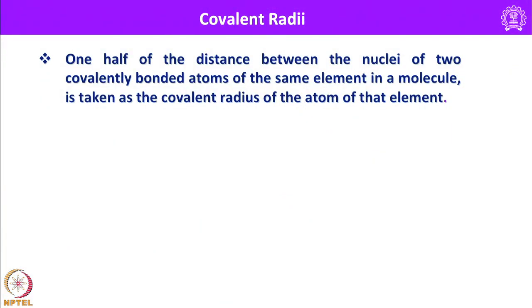The important term we come across is covalent radii. What is a covalent radius? One half of the distance between the nuclei of two covalently bonded atoms of the same element in a molecule is taken as the covalent radius of the atom of that element.